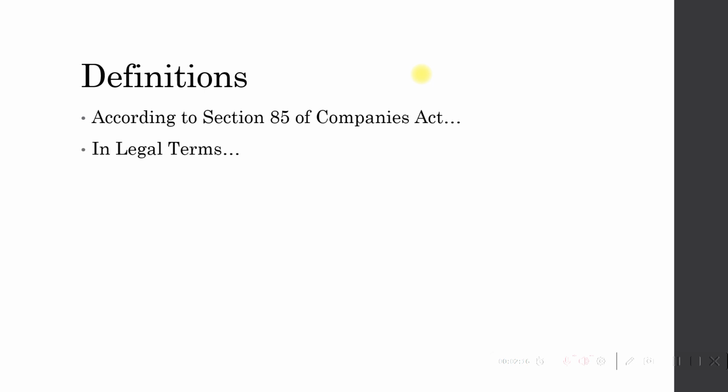Next is in legal terms. In legal terms, preference share capital is part of a company's equity base and preference dividends are not tax deductible expenses. It carries a fixed rate and fixed dividend plus preferred prior claims to assets and income, giving it a resemblance to debt.